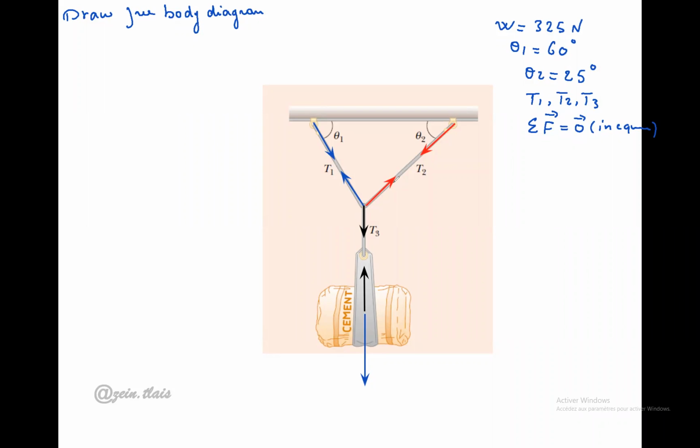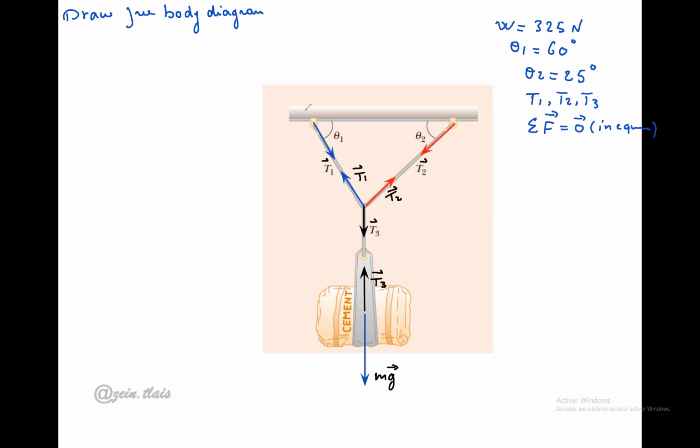So T1, T1, T2, T2, T3, T3. Don't forget the vector. You know that here we have mg.